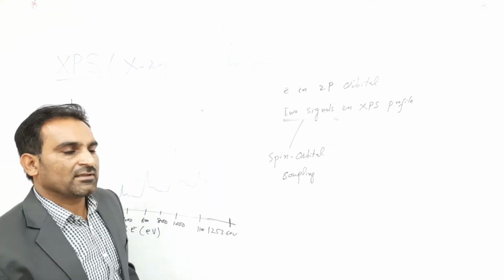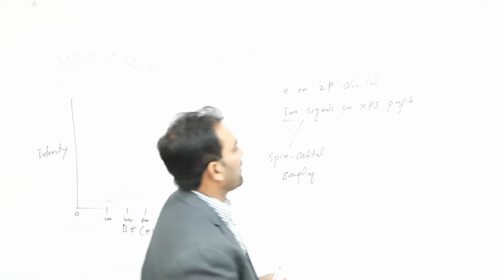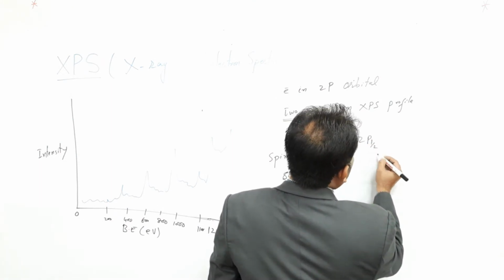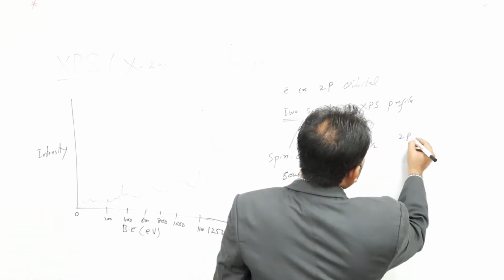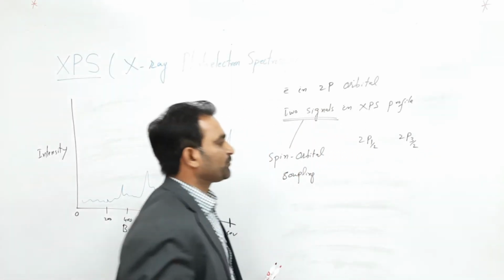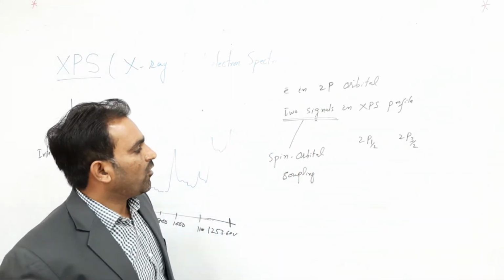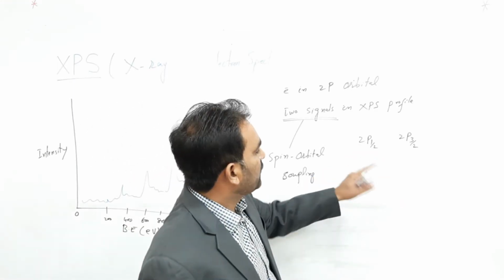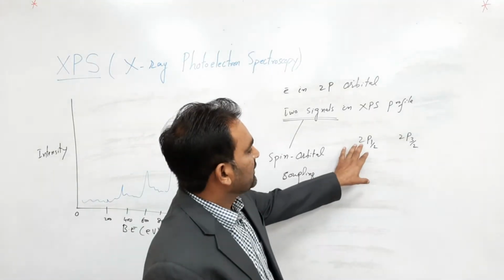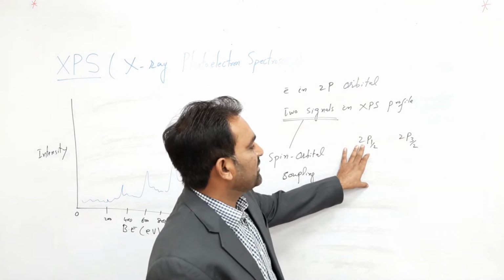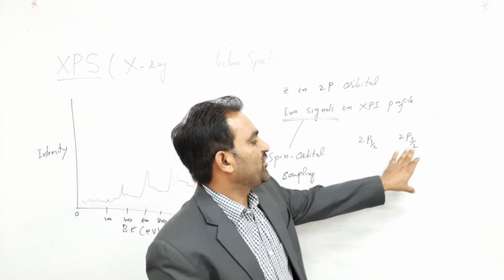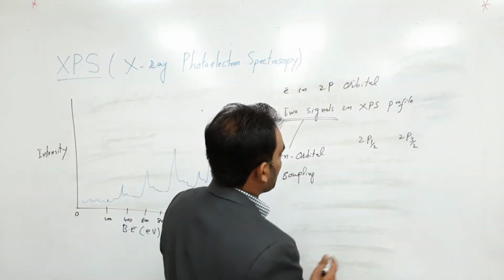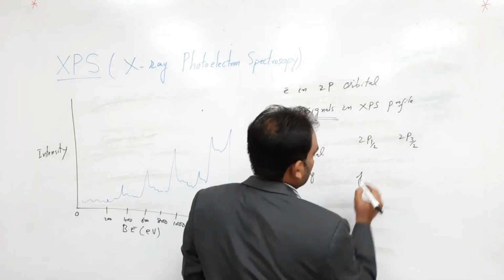These two signals might be 2p 1/2 and 2p 3/2. How will you know the position of this signal and this signal? For this we have to find J values.